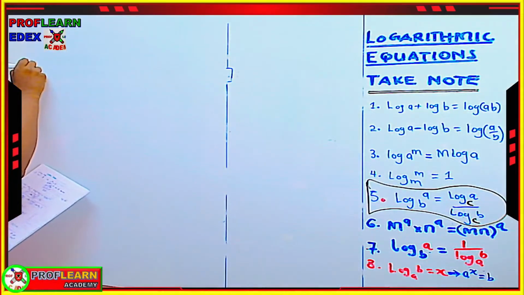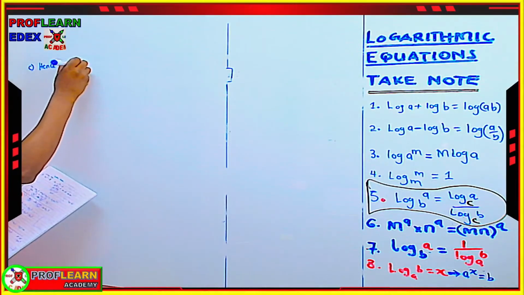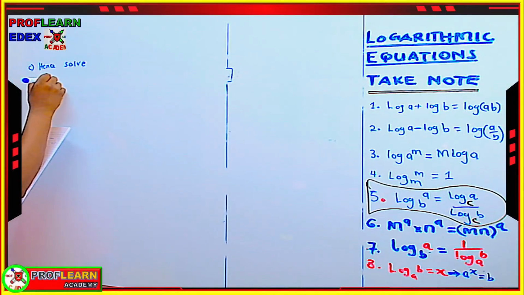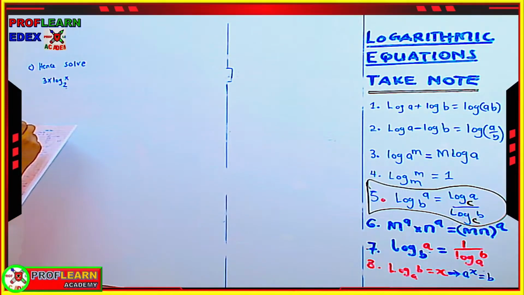Since we are told to solve this, they wanted us to simplify, so the whole of this can simplify to this. So they want us to solve this equation, which means whatever we have can be equated to 0. So this is the equation that we need to solve in order to find the value of x.